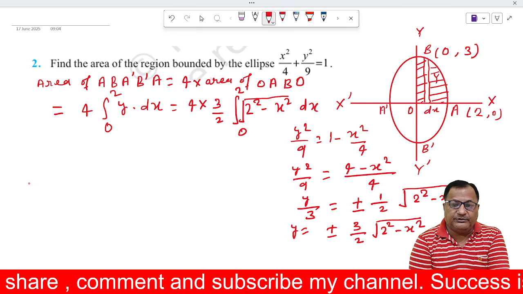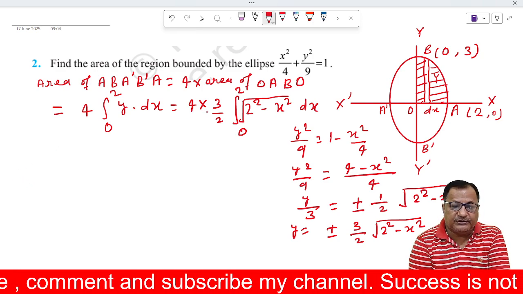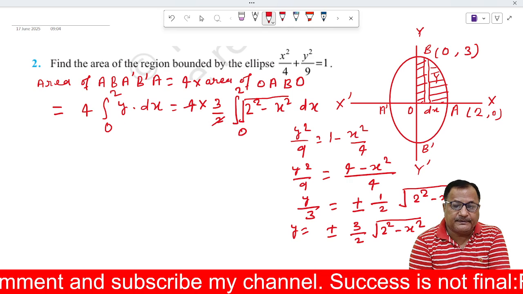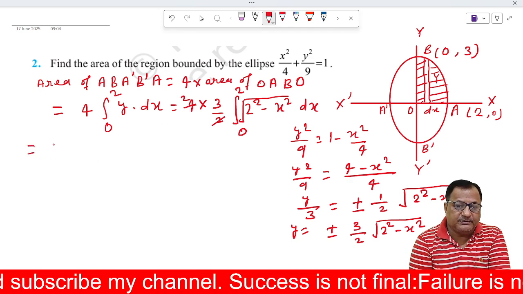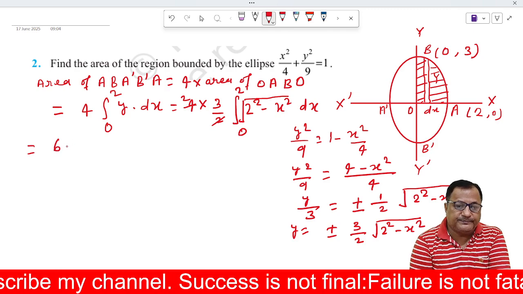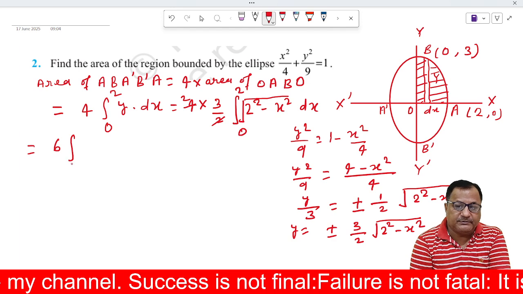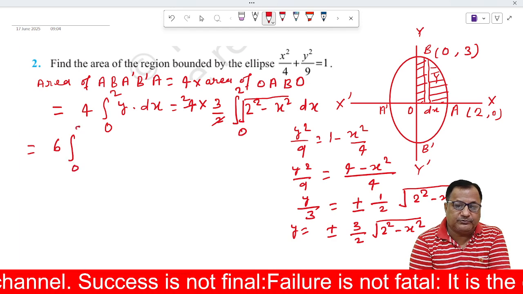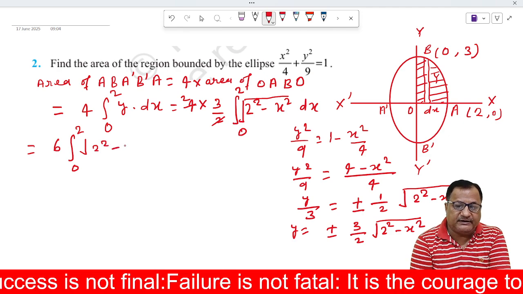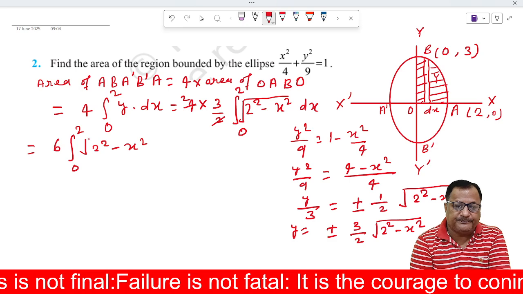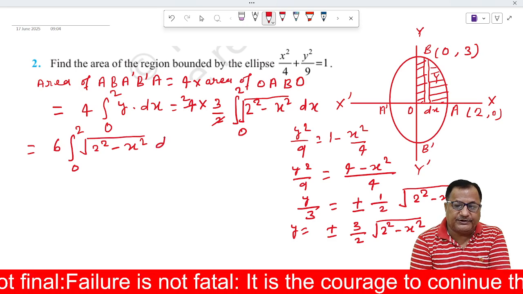Now, the 2 factor, so this will be 6 times the integration from 0 to 2 of the root of 2 square minus x square dx.